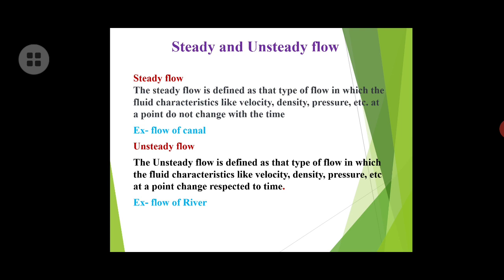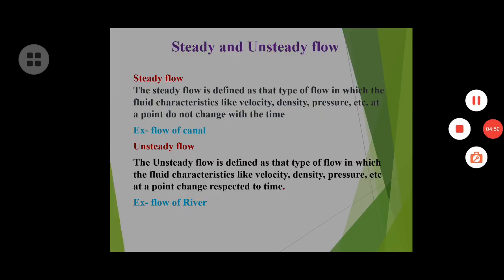In this flow the fluid characteristics, velocity, density, and pressure, do not change with respect to time. That type of flow is called steady flow. The example is flow through a canal.